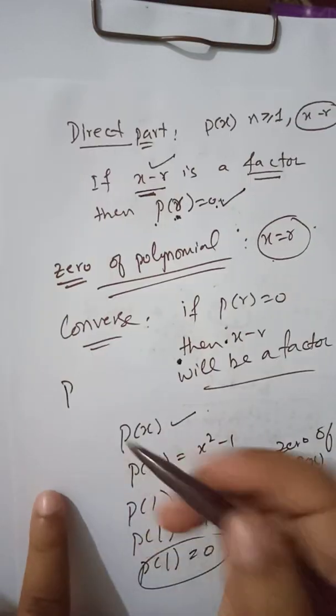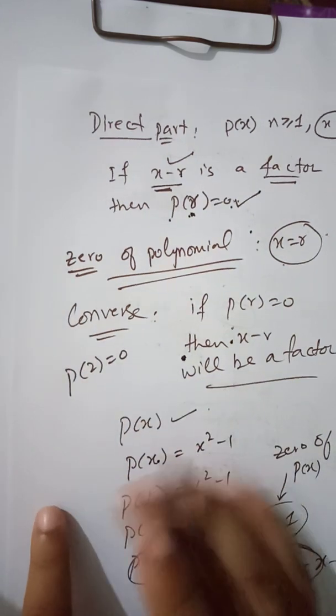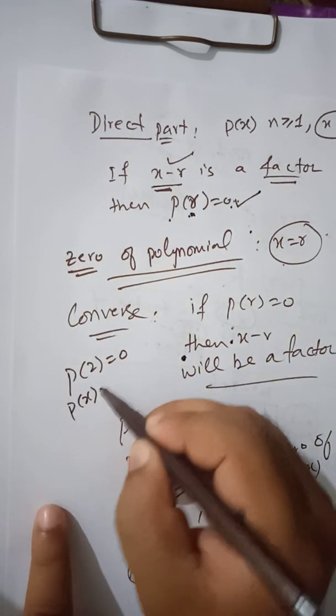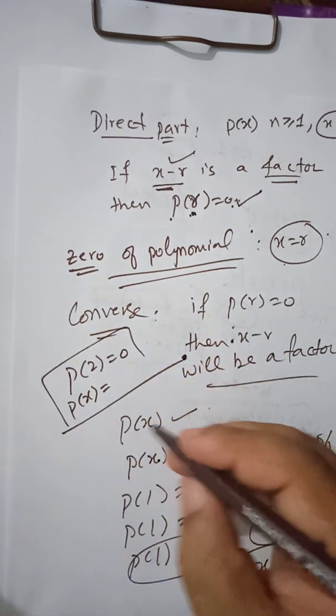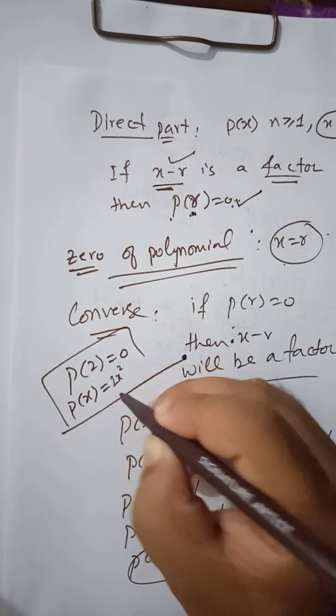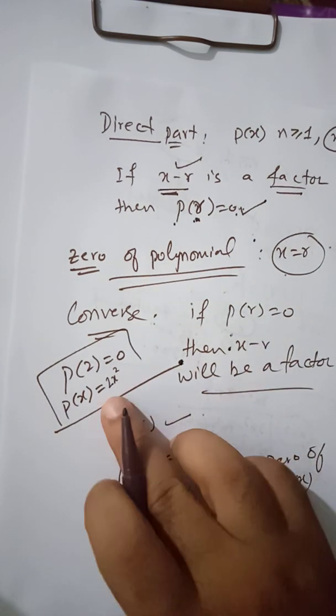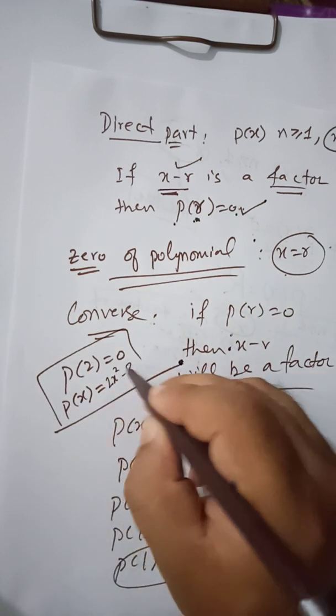And let's say p of 2 equal to 0 and the given polynomial is, let's say, 2x square minus 8. When you replace x with 2, you get 4 times 2, which is 8, minus 8.